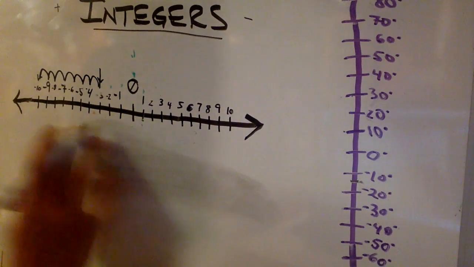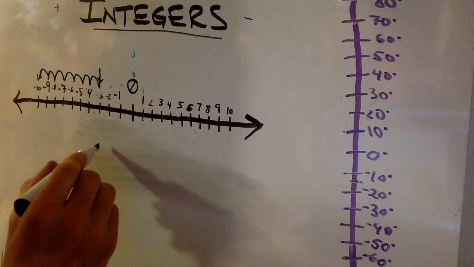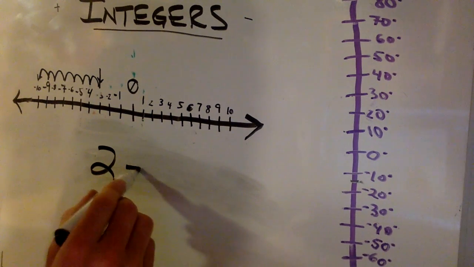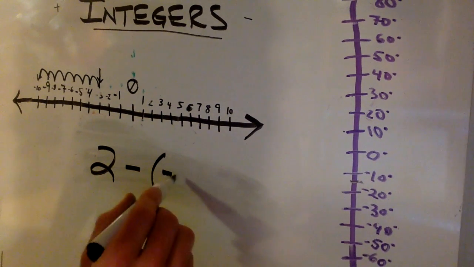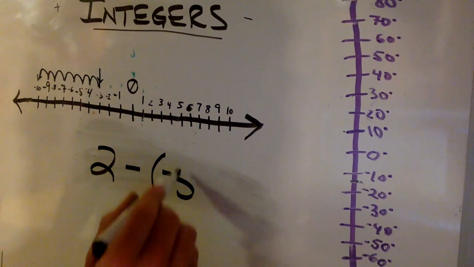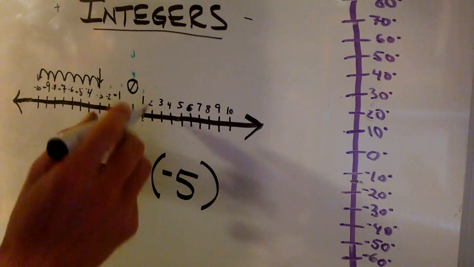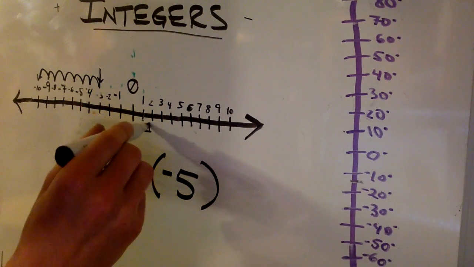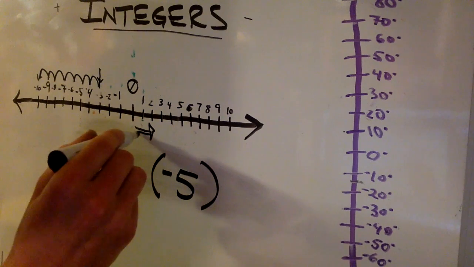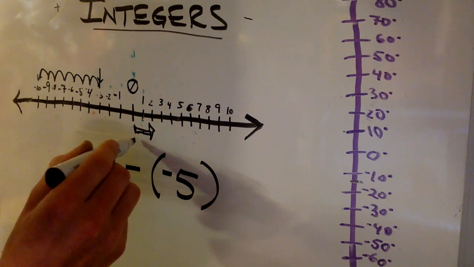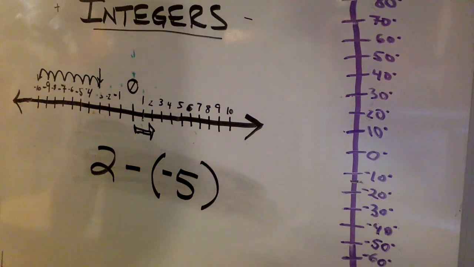The one situation that I probably should show is every once in a while, and this is mean, you'll subtract a negative number. And the reason that this is kind of mean is that the subtraction sign means, you know what? You're going to start at 2. And then we're going to take away. But we're going to take away the opposite of 5.